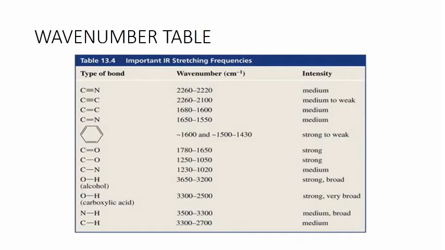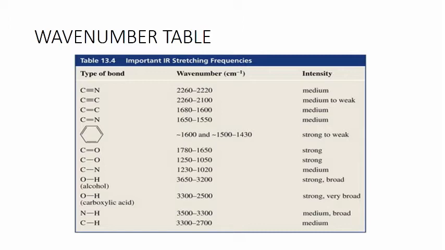Next, we move on to the next section, which is interpreting infrared spectra of compound C. To interpret the IR spectra, first we need to know the wave number of each type of bond. The frequency of oscillation of any chemical bond is related to a quantity known as wave number.